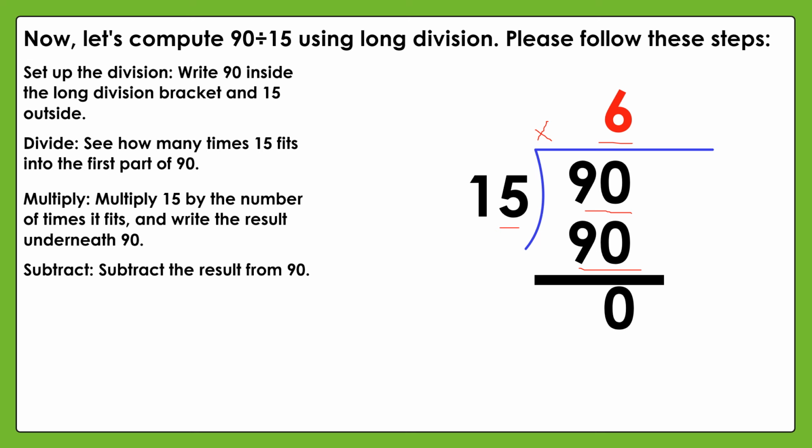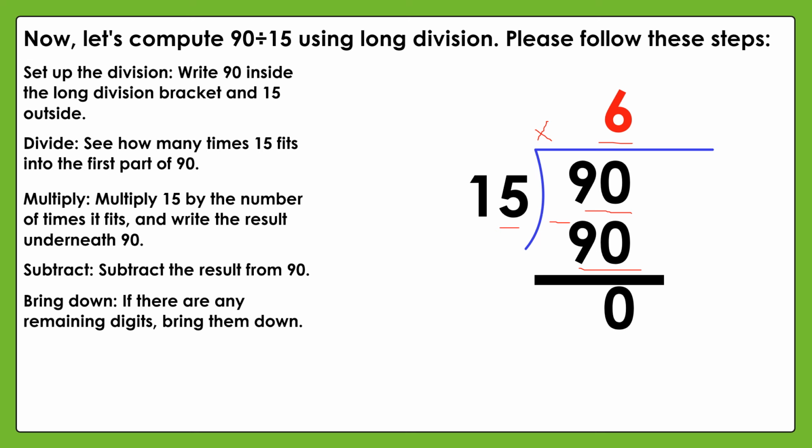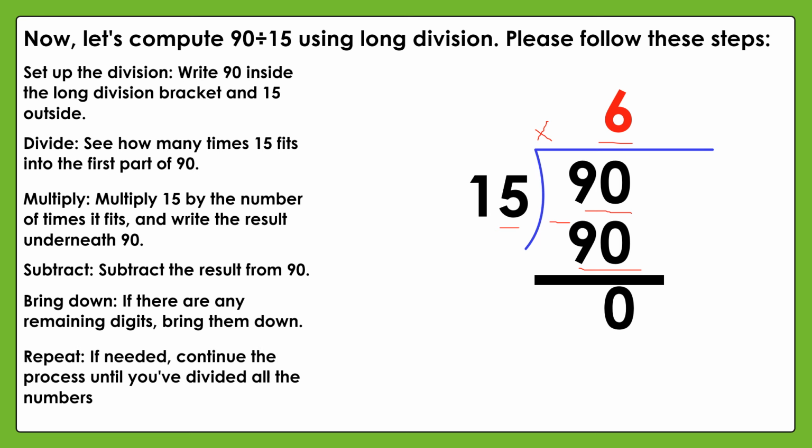Fourth, subtract the result from 90. 90 minus 90 is equal to 0. Fifth, bring down any remaining digits. Repeat if needed. Continue the process until you've divided all the numbers. So therefore, 90 divided by 15 is equal to 6.